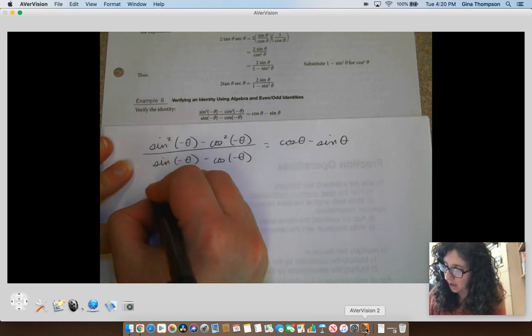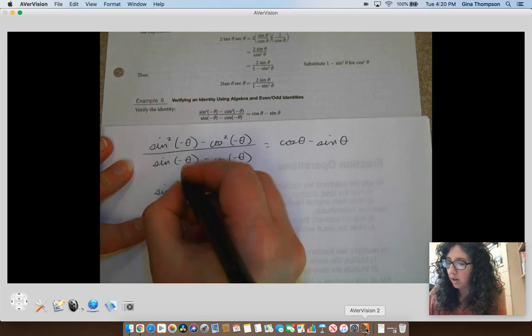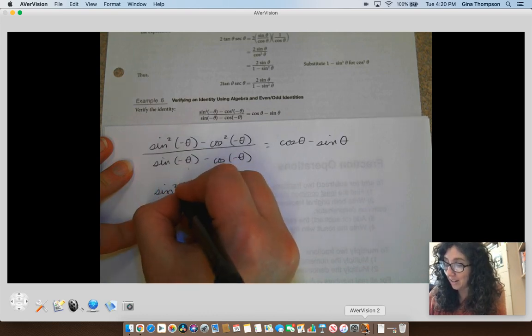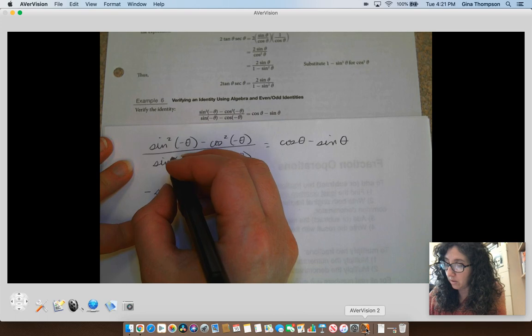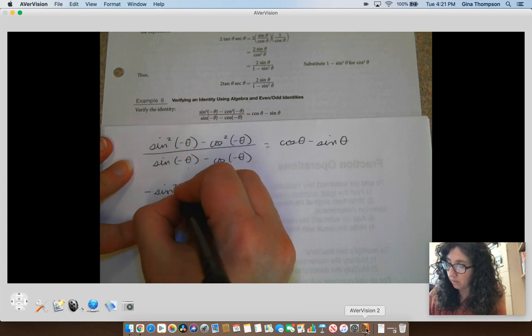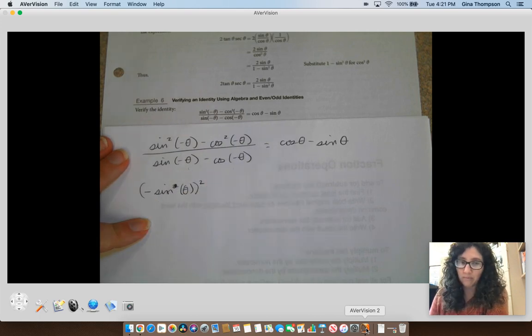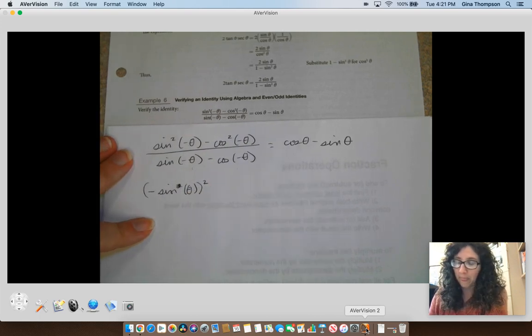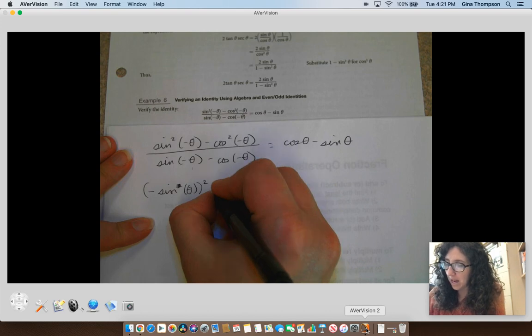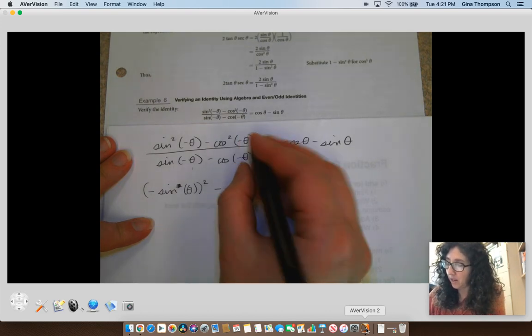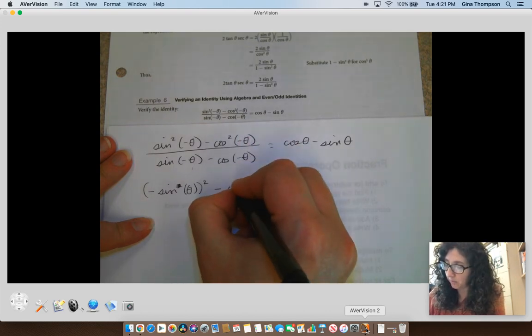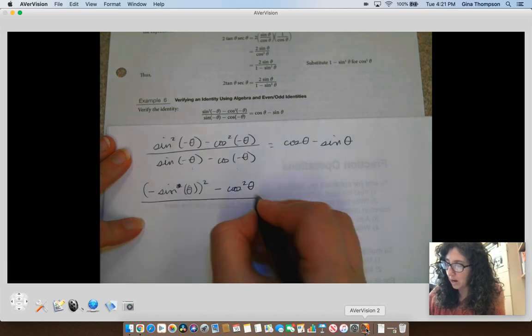This is going to be sine squared of negative theta, which is negative sine of theta, squared. So, okay, this is a little tricky because it's really this whole thing squared, right? Minus cosine of negative theta is just cosine of theta. So down here, we're going to have the same thing.